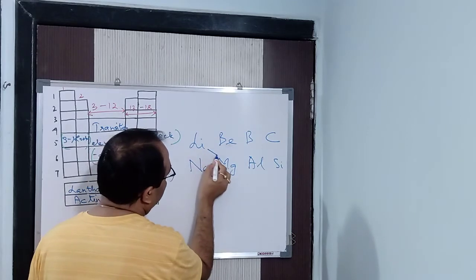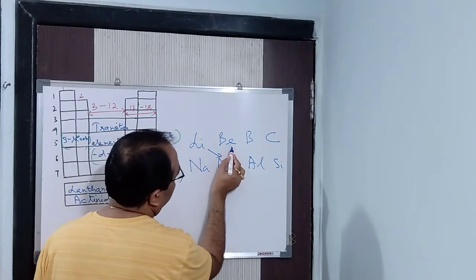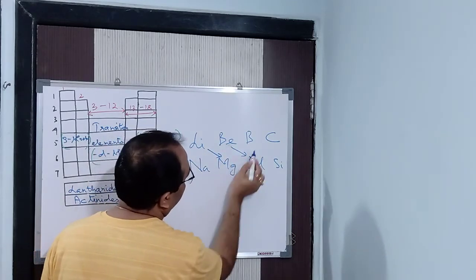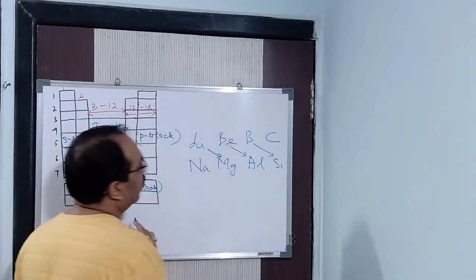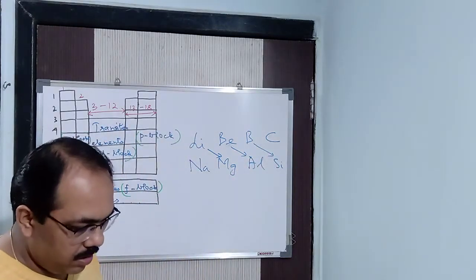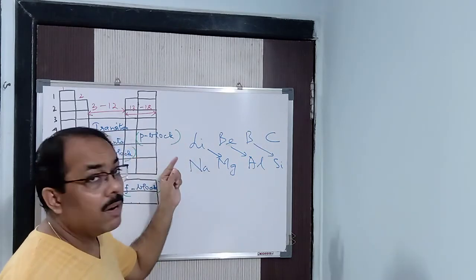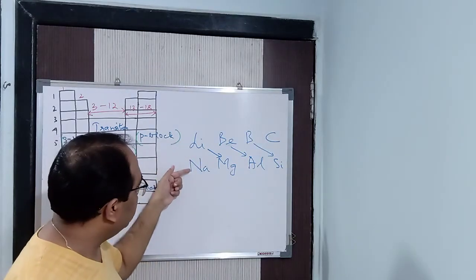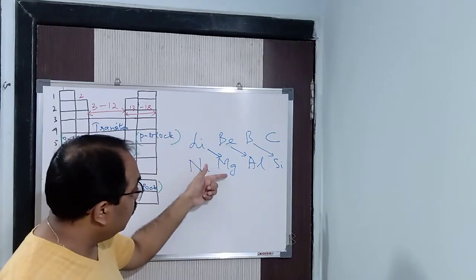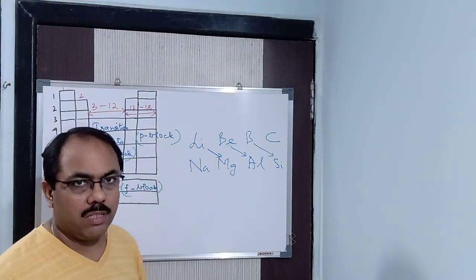So lithium and magnesium are diagonal, beryllium and aluminium are diagonal, boron and silicon are diagonal. See it. You can see that some of the elements of period 2 and 3, not all the elements, when diagonally placed, have properties similar to each other.